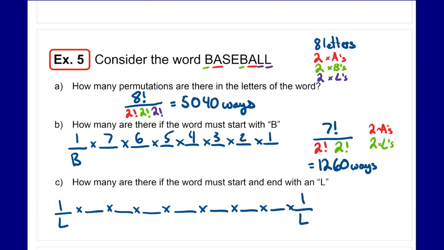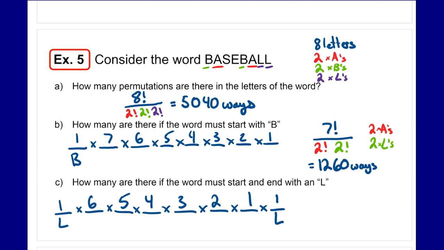Whether you argue that I could have two L's possible for the first one, it's just easier if you think of it as one option. One L for the first spot, one L for the last spot. Then we have 6 times 5 times 4 times 3 times 2 times 1.